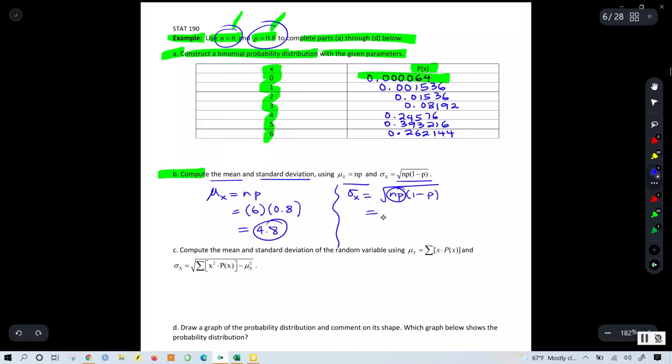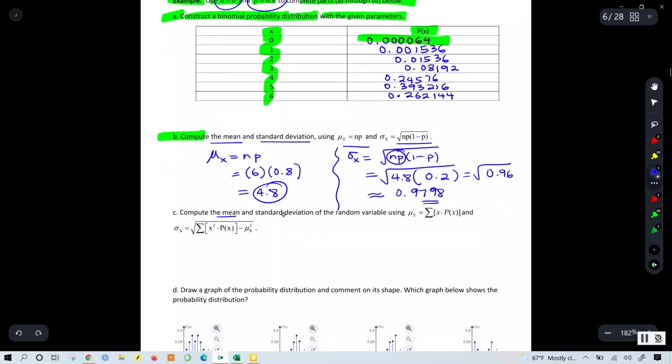N times p earlier, we got it to be 4.8, and 1 minus p, p is 0.8, so 1 minus 0.8 gives 0.2. And if we multiply that, we get 0.96, and the square root of 0.96 is approximately 0.97998 in this case.